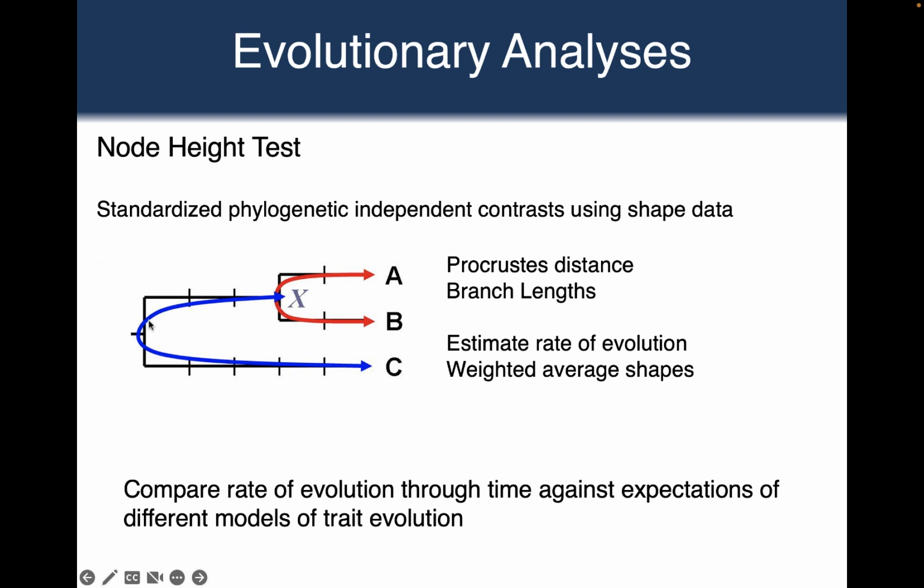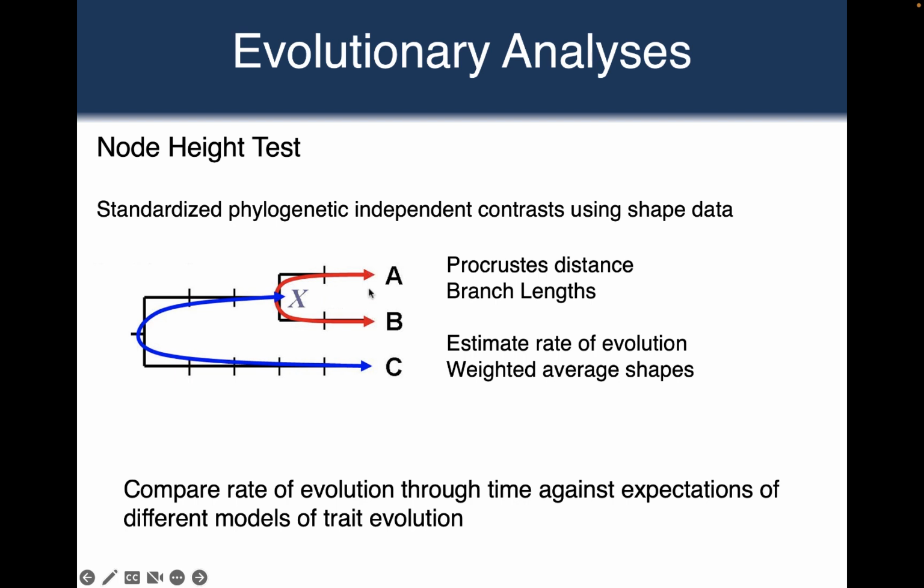And you can do this for each node going backwards through time, as long as you can calculate weighted averages of your trait for each node going back in time. So what we did, instead of using univariate variables, was calculate phylogenetic independent contrasts using our multidimensional shape data.